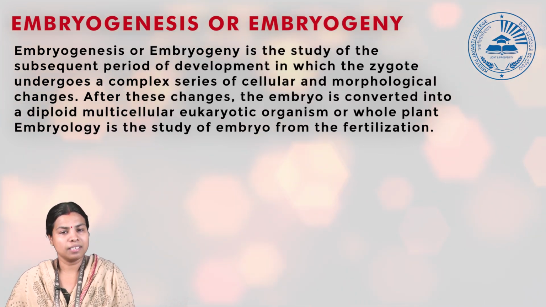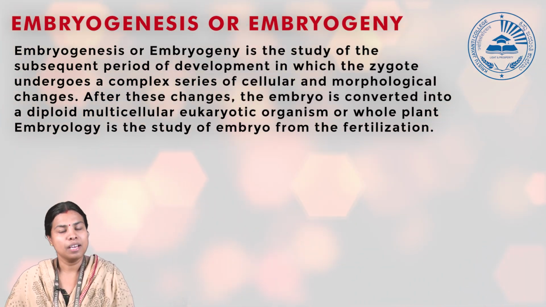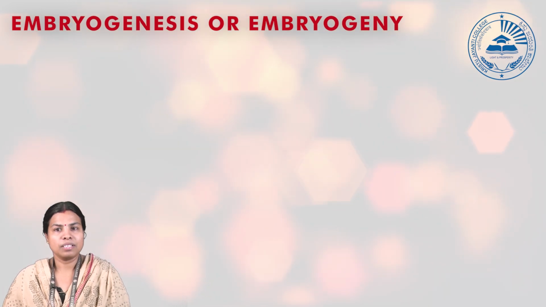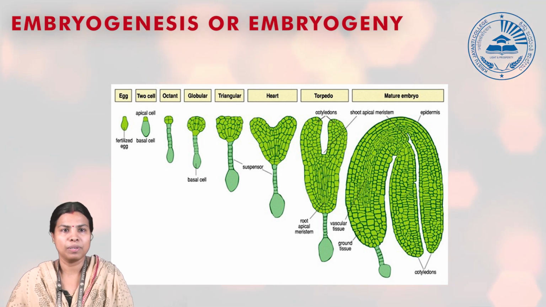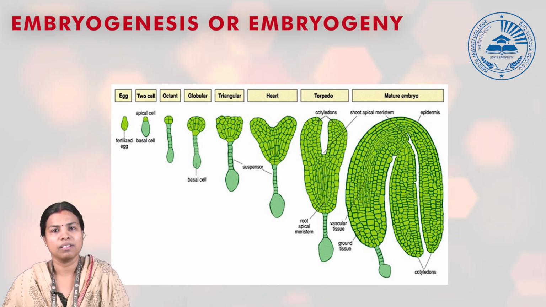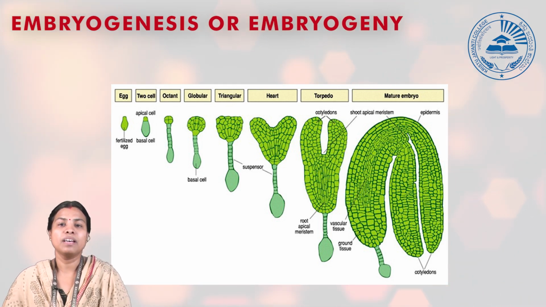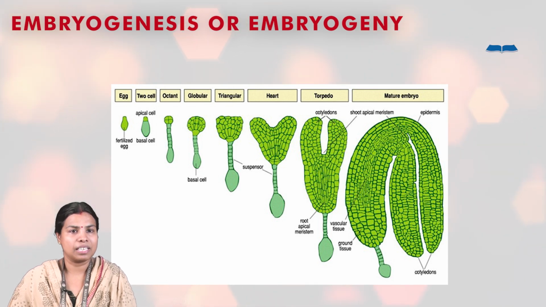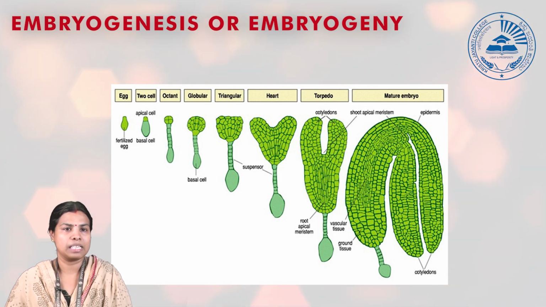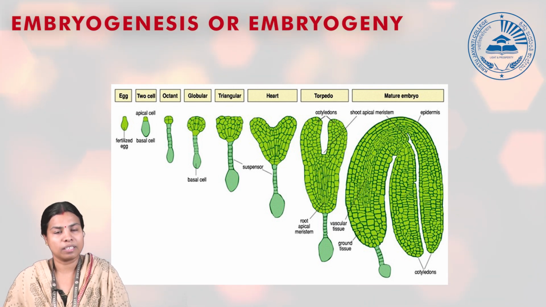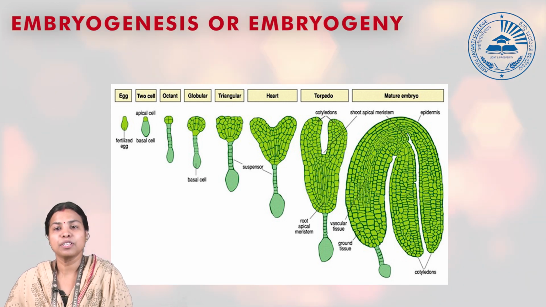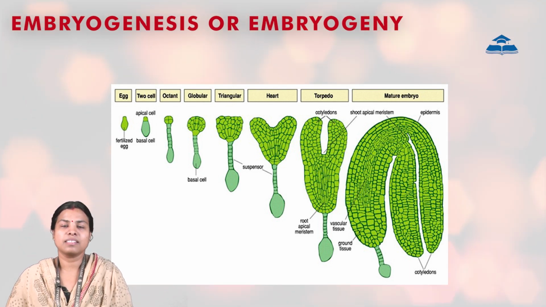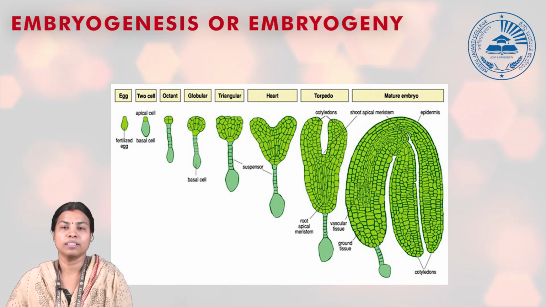Embryology is a science that deals with the study of the embryo from the time of fertilization. This is how the stages of embryo development happen. This is an example for a dicot; in a monocot it will be the same, but you cannot see the complete structure of the octant, globular, triangular, heart and torpedo shapes, because compared to a monocot, a dicot has two cotyledons. First the fertilized egg develops into two cells, apical and basal cells, then it moves on to the octant stage, globular stage, triangular stage, heart stage, torpedo shape, then the mature embryo which has the cotyledons. These stages of cellular as well as morphogenesis we call embryogenesis.